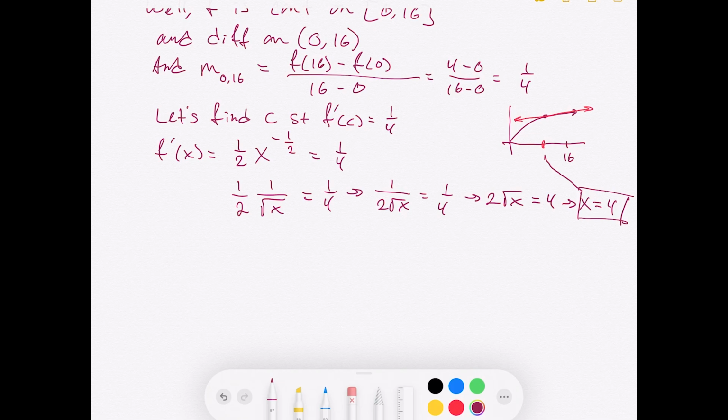Not drawn to scale, obviously, so the hand-drawn diagram was a little bit off, but it looks like there is a c value between 0 and 16 such that f prime of c equals the slope of the line that passes through the beginning and ending points of our interval. Also terrible. Don't use this diagram.